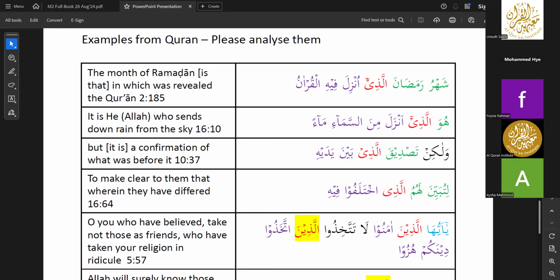Carry on. Sorry, Sister Fauzia, tell me the relationship again. How are they connected? The huwa, anzala, samai, ma'an. Can you explain that relationship?